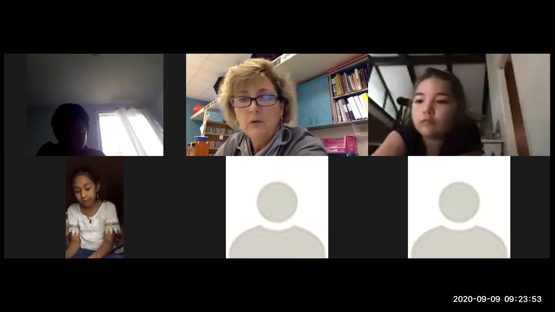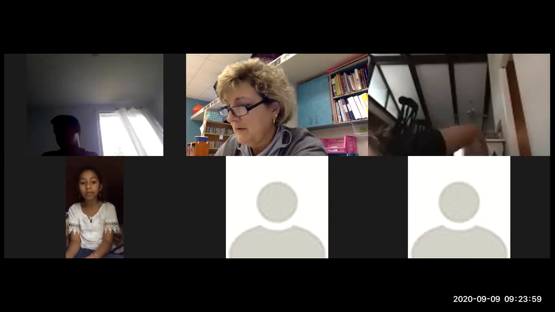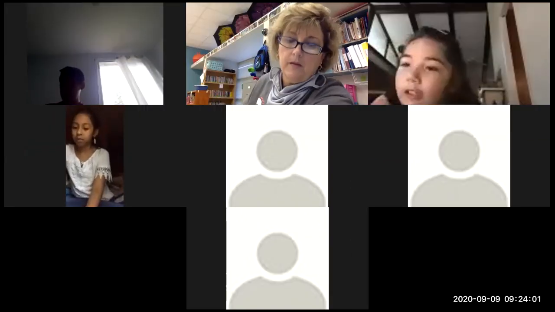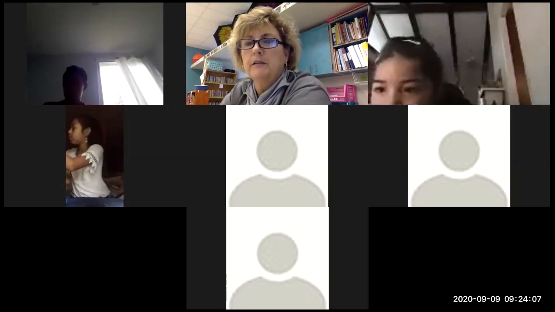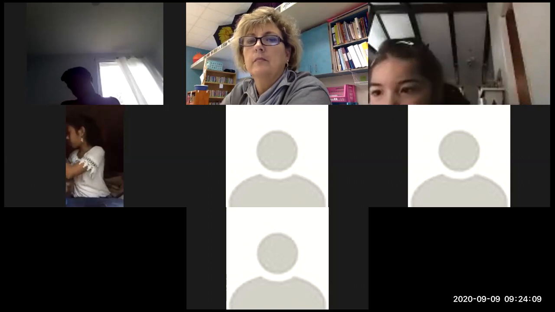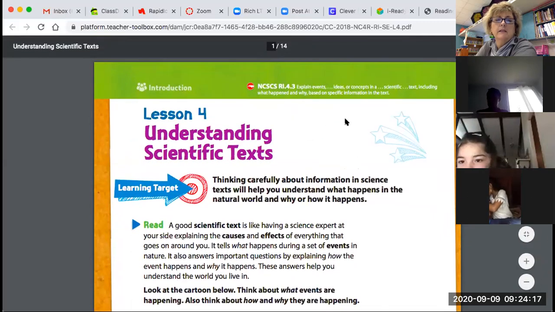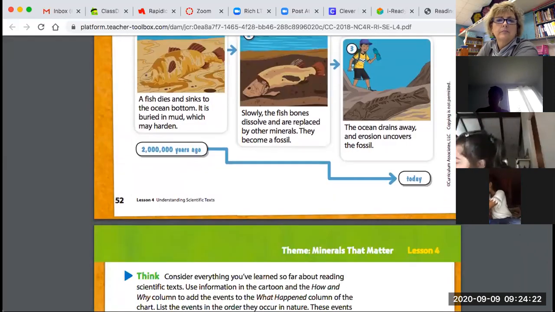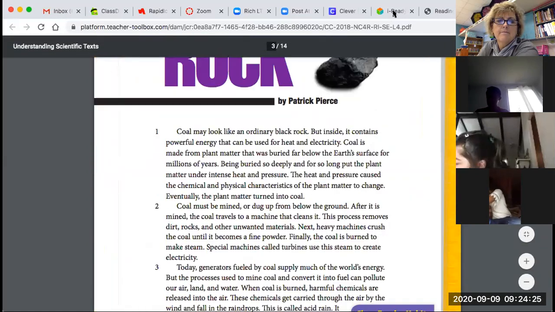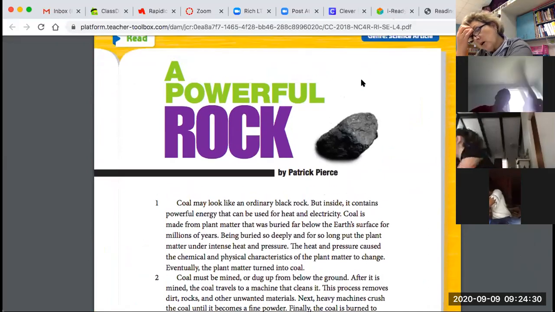So I gave you a packet yesterday to take home with you. Do you have your packet? The front of your packet should look like this. Does it have scientific text, or does it start with rocks or minerals, whatever it says? Does it start with A Powerful Rock?